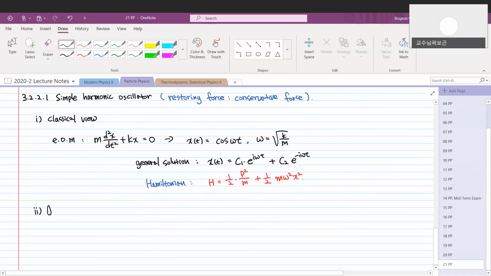Now the quantum view of this simple harmonic oscillator. In the quantum view, the important thing is the commutation relation. In the small or low energy case, the commutation relation is not zero.